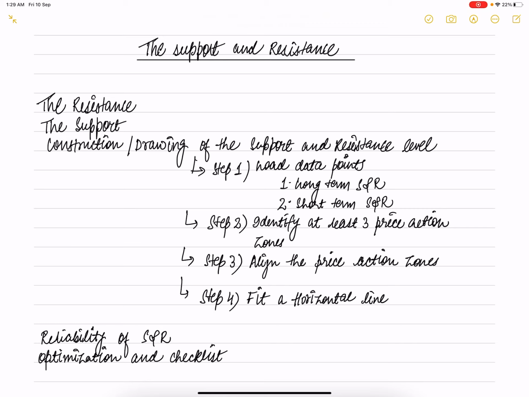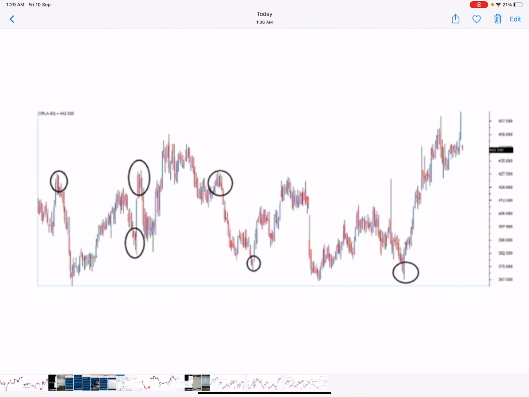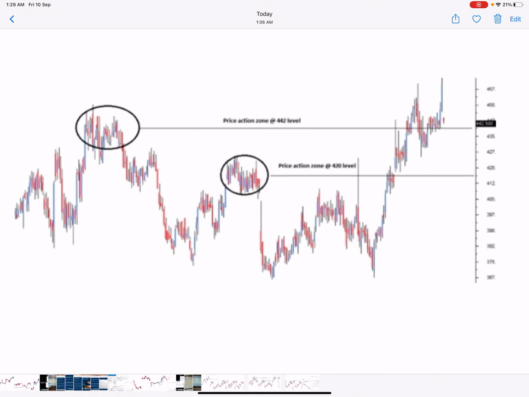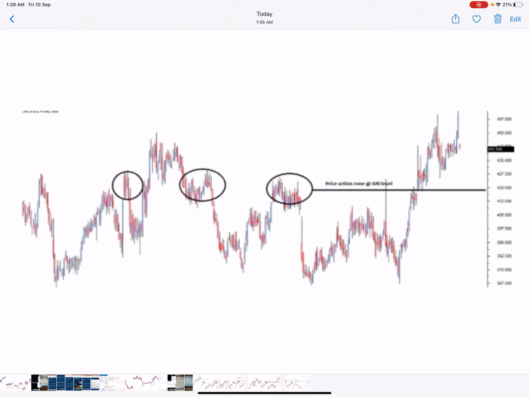Starting from the left, the first circle highlights the price action where there is a sharp reversal of price. The second circle highlights the price action where the price is sticky. The third circle highlights the price action where there is a sharp reversal of price. The fourth circle highlights a price action where the price is sticky.